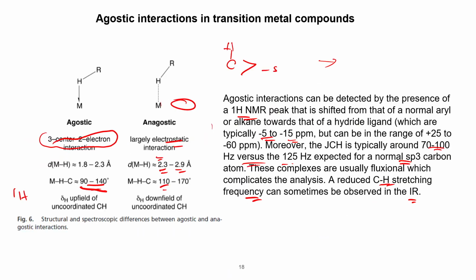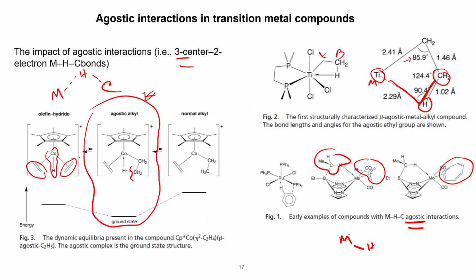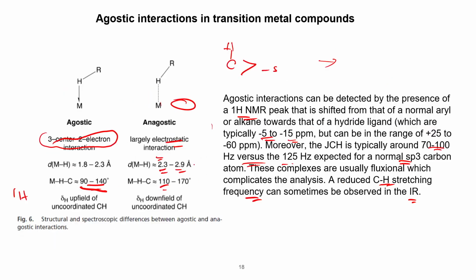So if this thing becomes too strong, you would end up with this particular methyl hydride complex, not an agostic one. So this donation should not be too strong, and this donation should not be too weak. Some middle way, some balance should be there, so that only then you can observe this particular agostic complex.